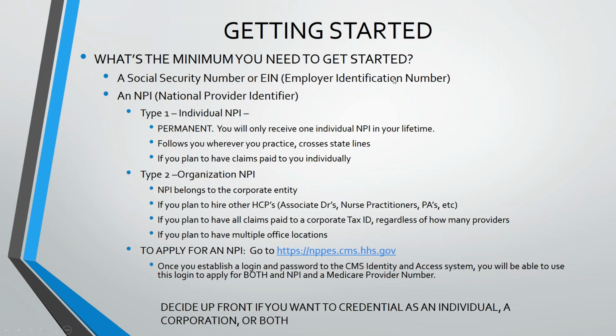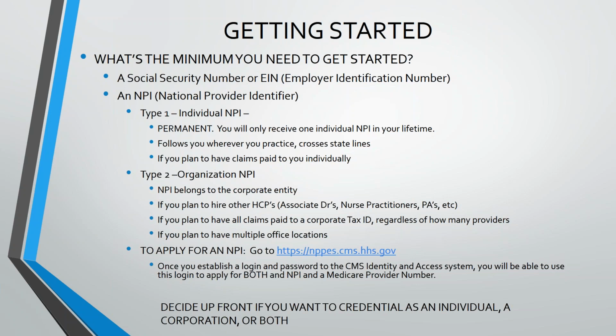If you are an individual practitioner and you're billing as a solo doctor, I always recommend that you apply for an EIN even as a sole proprietor or a single member LLC.